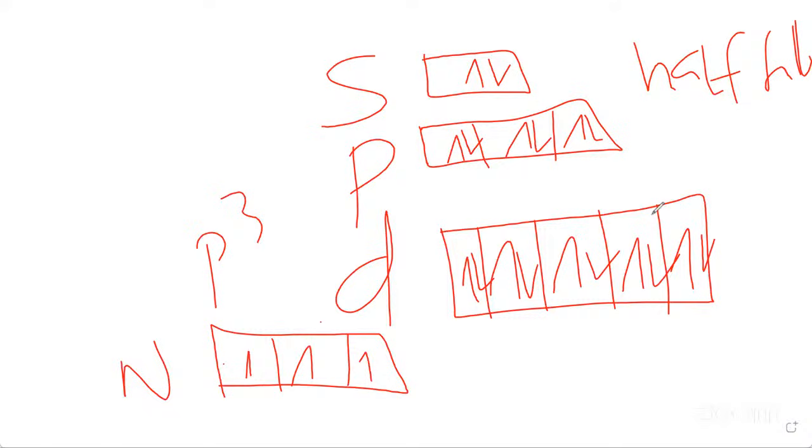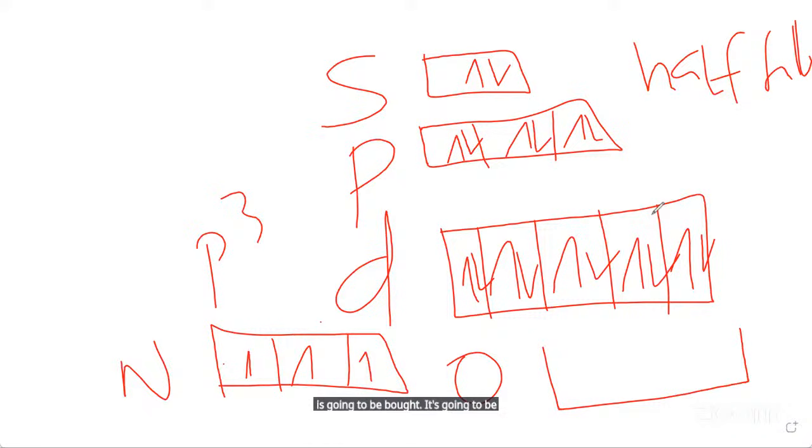Oxygen is going to be p4, if I'm correct: 1, 2, 3, 4. So nitrogen, with half-filled stability, is more stable than oxygen. That is why the ionization energy of nitrogen is higher than that of oxygen, because of the half-filled stability.